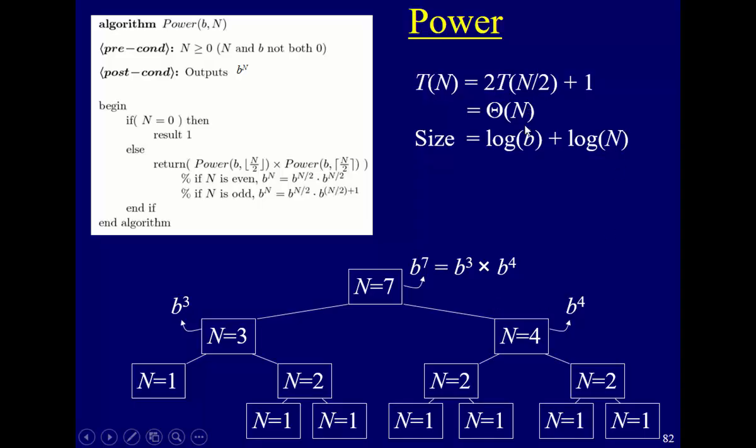But remember I was really big on what the size of the input is. The size of the input is only the log of the number of bits to write n and b down. So this running time is actually exponential in the number of bits.